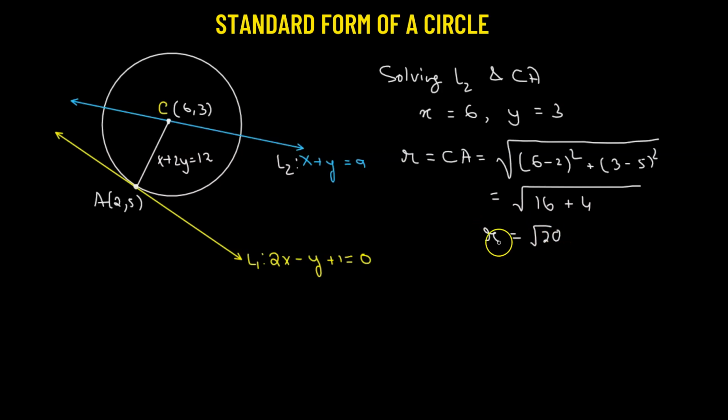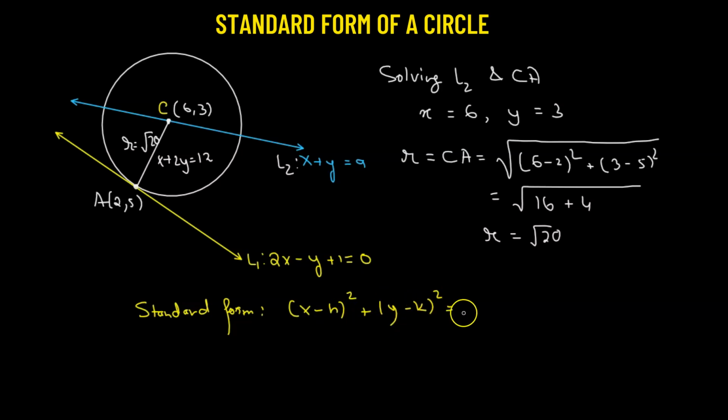This is our radius. Now that we finally have the radius, which came out to be square root of 20, and we have the coordinate of the center, we are ready to find out the equation of the circle. So we will note down the standard form, which is given by x minus h whole squared plus y minus k whole squared equals r squared. Now in our case, our center is simply h comma k.